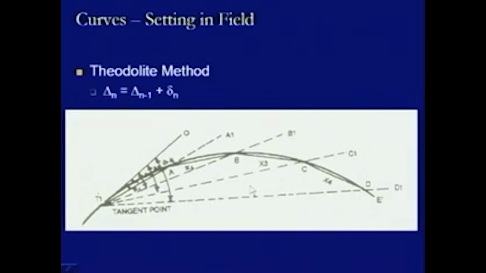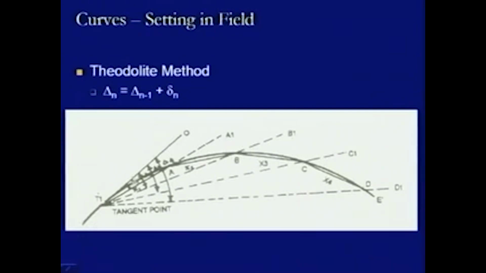Finally, there is a fourth method which is the theodolite method. In this theodolite method, it is dependent on the deflection angle, that is small delta n, and the computed value of the overall angle with respect to the tangent, that is capital delta. In this case, again it works with respect to the tangent.